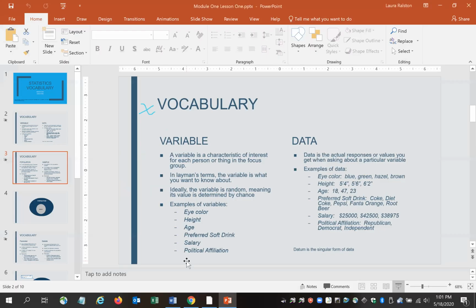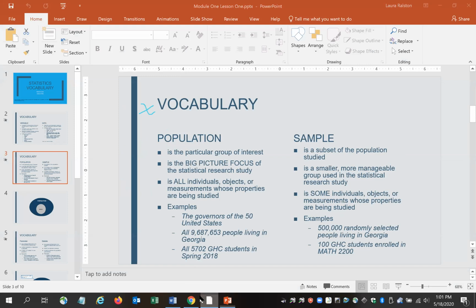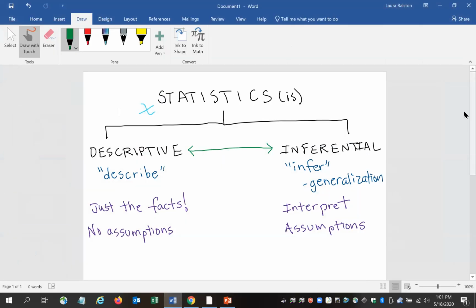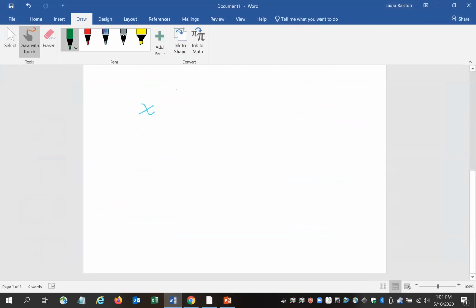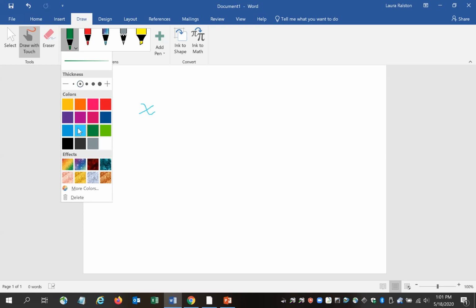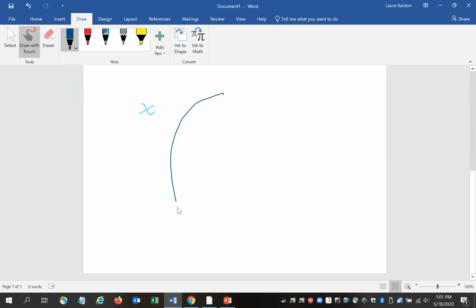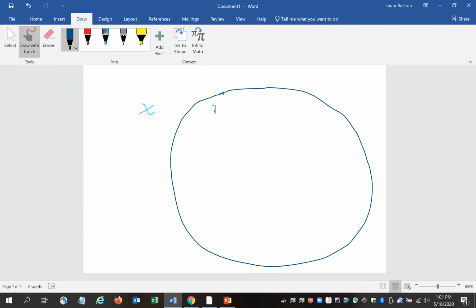So, I want to draw a picture here for you on my piece of paper. Okay, when you're thinking about the population, again, the population is your big picture focus. So think about the population as being the big group.